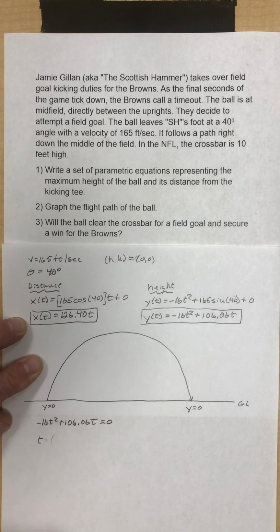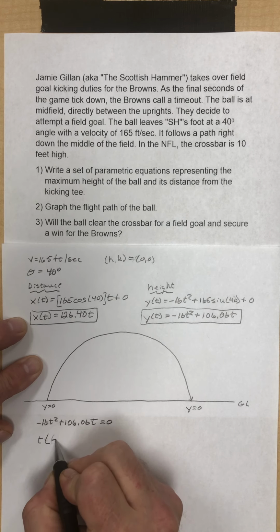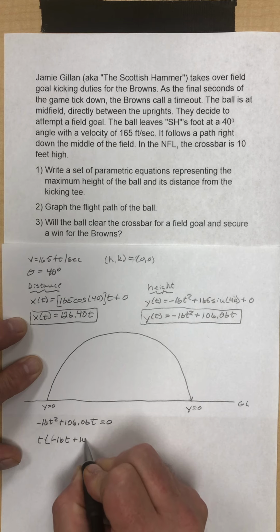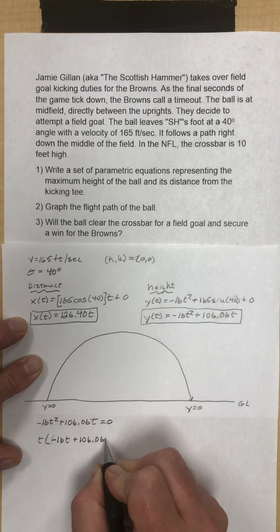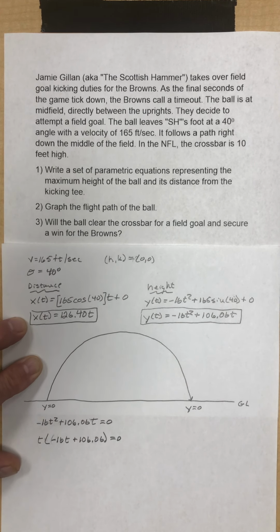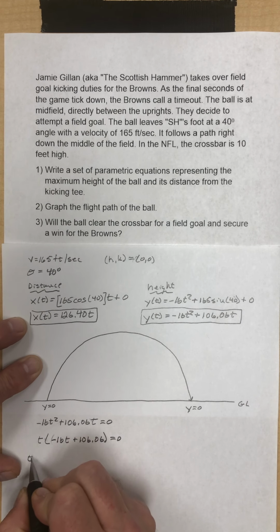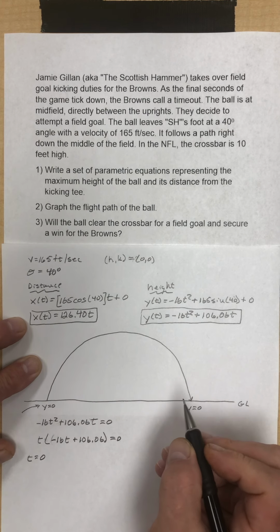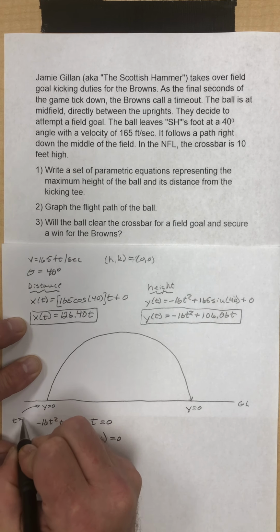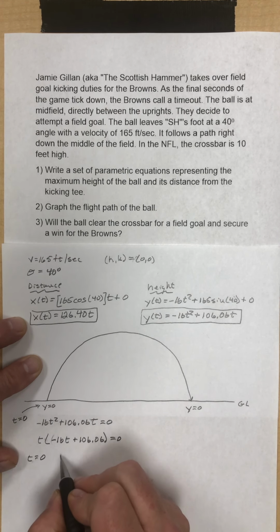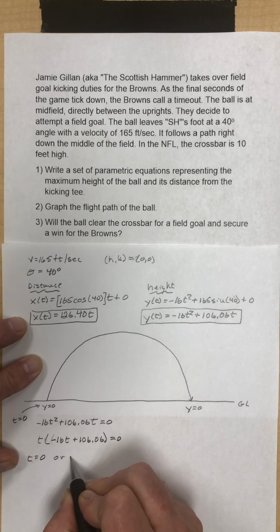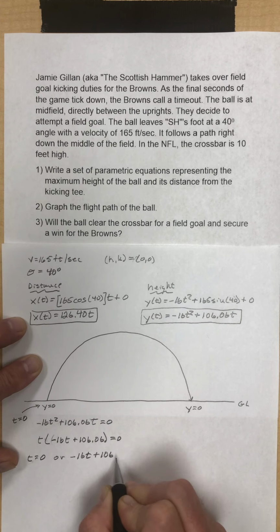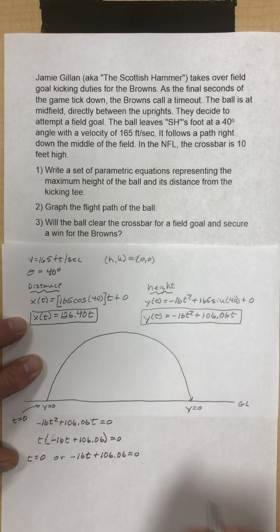So if I factor out a t, I get t times negative 16t plus 106.06 equals 0. Now this makes sense because we get t equals 0, which you would expect because it's kicked from the ground. And then I'm going to set negative 16t plus 106.06 equal to 0.